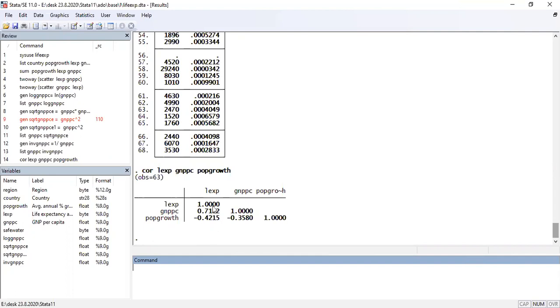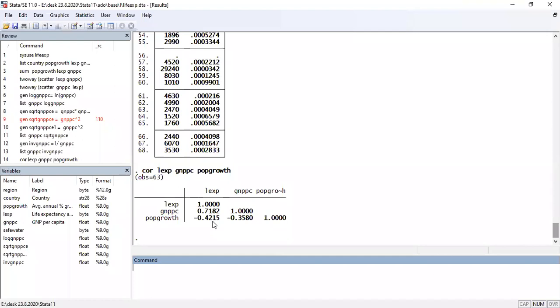It's not only one. So what is this 0.718? It is GNPPC and LEXP. Right. So what is that? That is the correlation coefficient between LEXP and GNPPC. Intersection of this. And what is this minus 0.42?